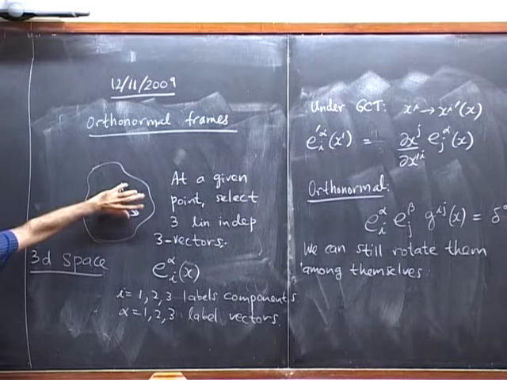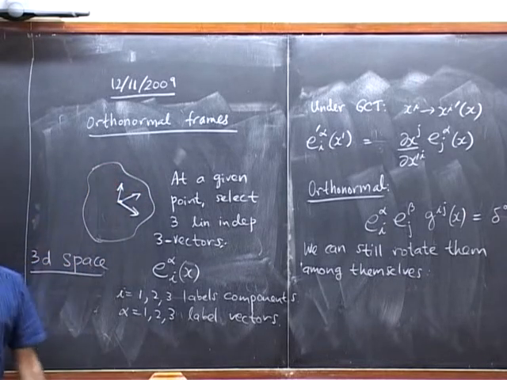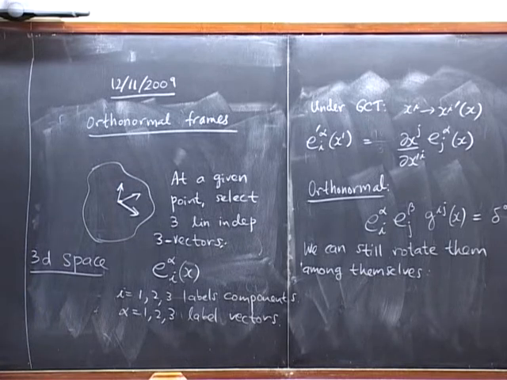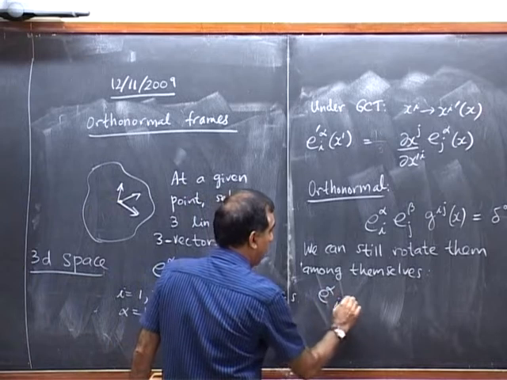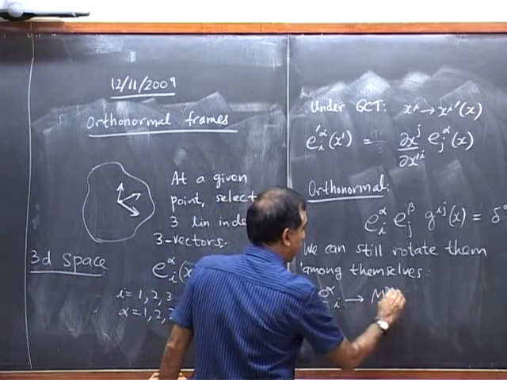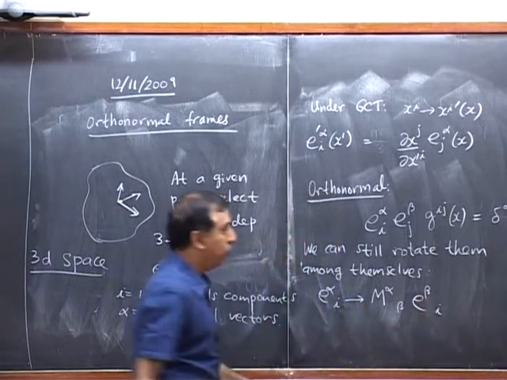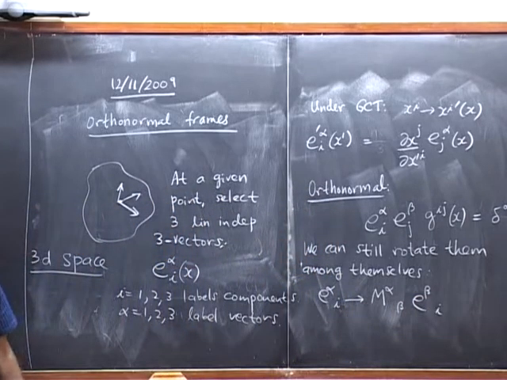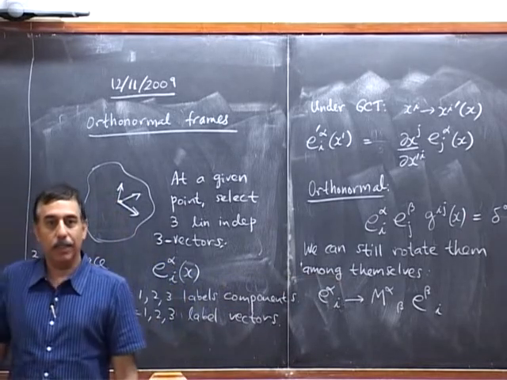Okay, I can take the whole thing and move it around. That I can do. Okay. Now so that means I can send E alpha I to M alpha beta E beta I. Now for the first time I am carrying out an operation on this upper index, which is the label.